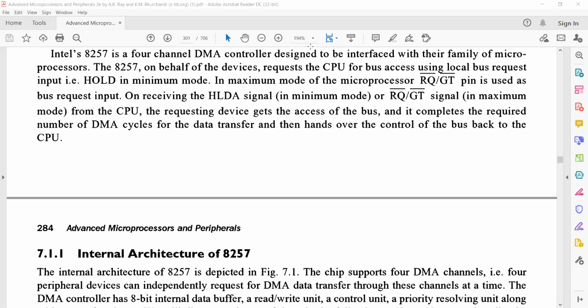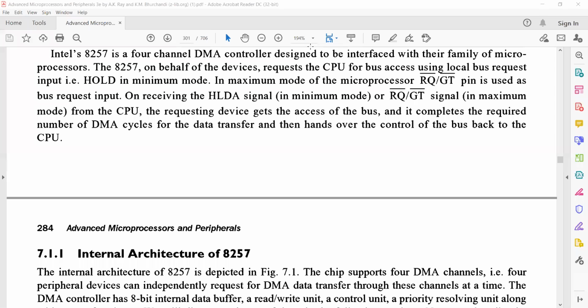Before going to the internal architecture, we'll just see how to initiate it. In the last class, I told you we need to initiate the DMA controller by sending a request from the external devices.